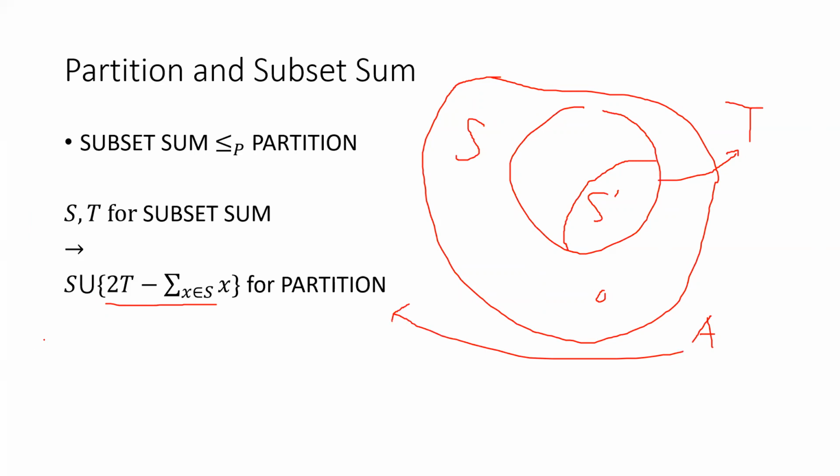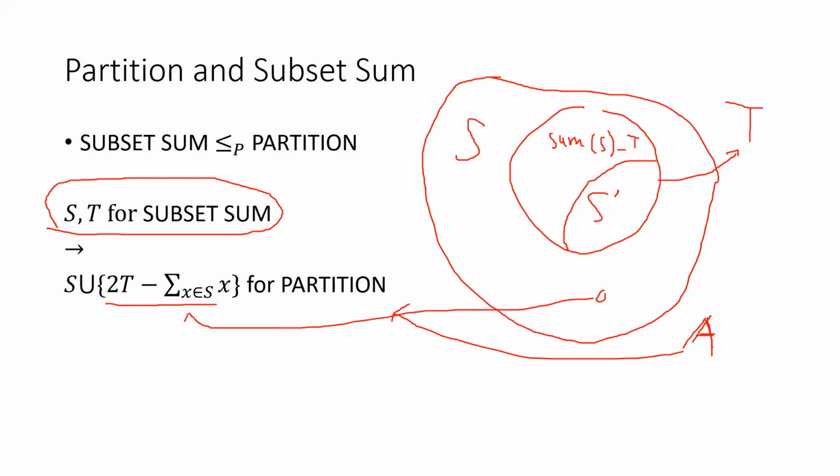And then we need to prove again. So let's say this instance is yes, if we can find a subset S prime that has sum of T, we can always find a partition for this new set A, because you have S here and the sum of it is T, so the other part is sum of S minus T, and the value of this element is this one.